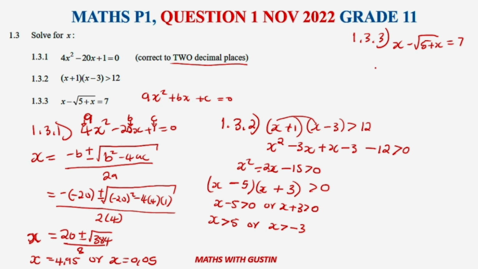What you can do here is take the term with the square root to one side and take 7 to the other side. So it's going to be x minus 7 is equal to the square root of 5 plus x. Therefore you square everything.